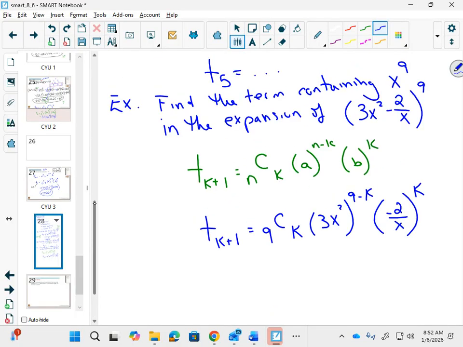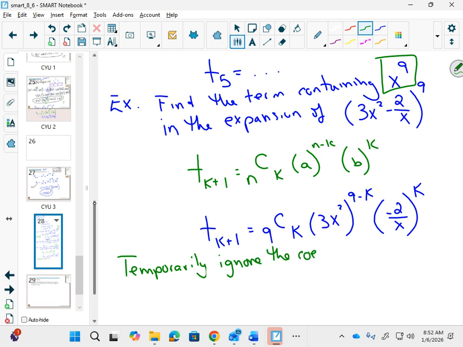And the only hint that we're given is that it has an x to the 9. So the strategy for this one is to use the hint. And in using the hint, what we are going to do is temporarily ignore all the coefficients, which are the numbers in front, to find k.